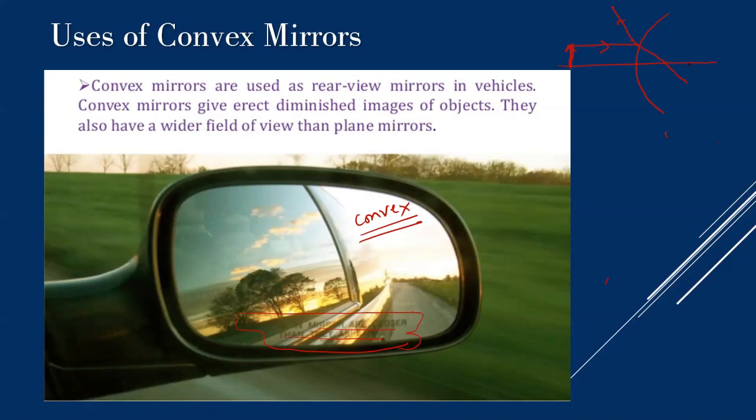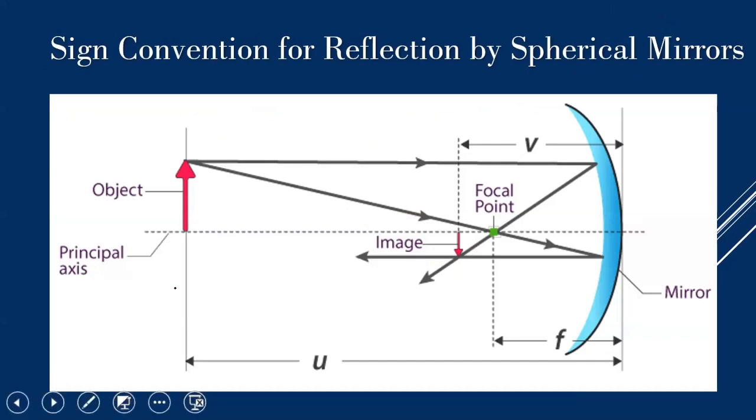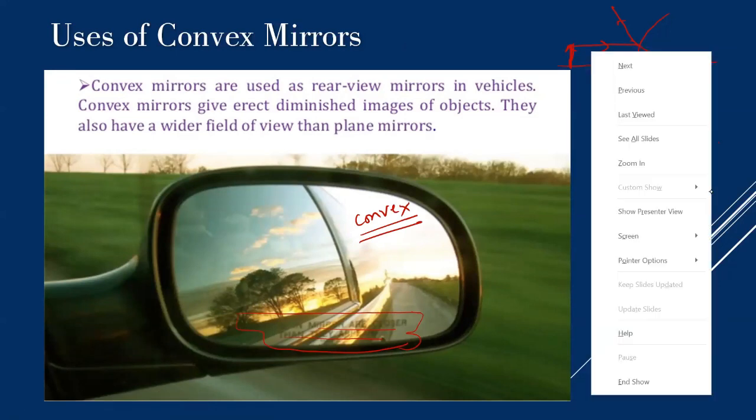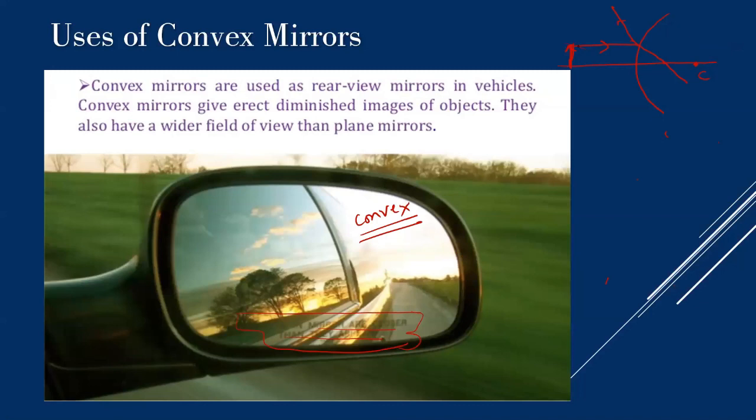And another ray, for example, is directed towards the center of curvature. So here is your image formed. It is always smaller in comparison.